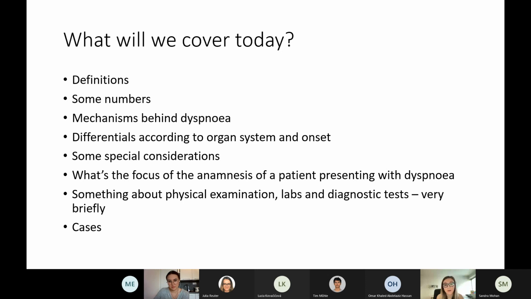Just the differential according to the organ system and certain onsets, if it's acute, subacute, chronic. Some special considerations, and what we should be focusing on when we are presented with a patient with dyspnea. Then we're going to go into where we start, for example, with physical examination, lab diagnostics, and then we're going to end off with some cases, which we can't wait for.